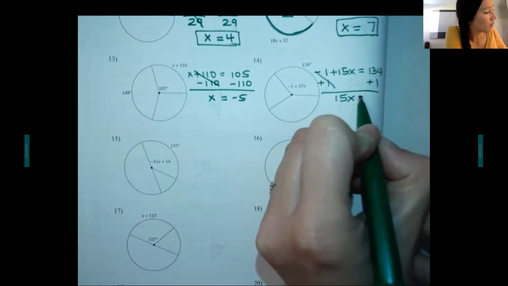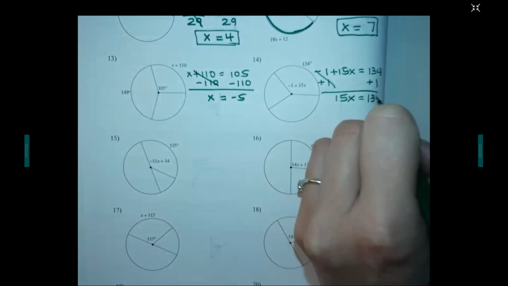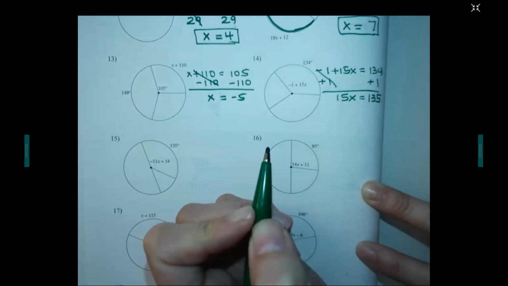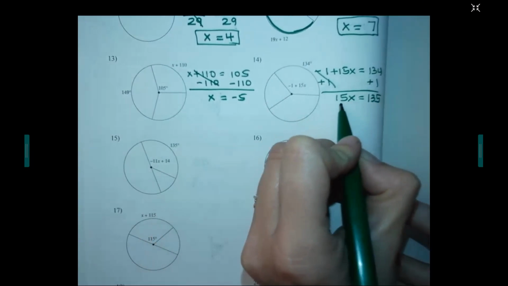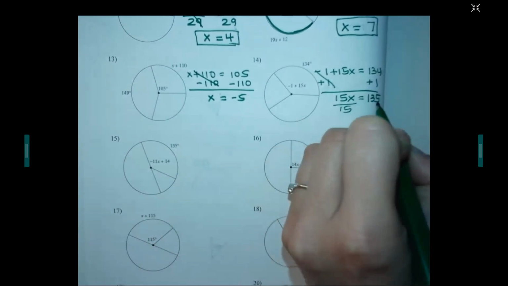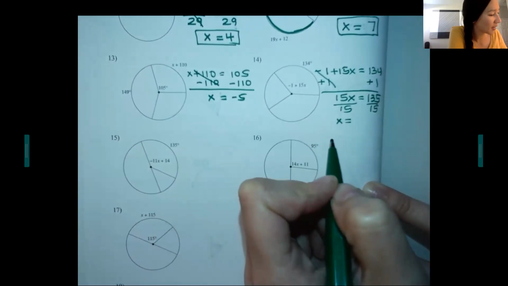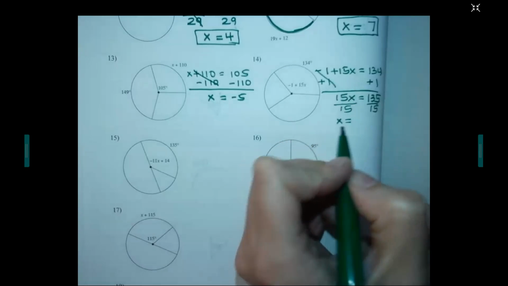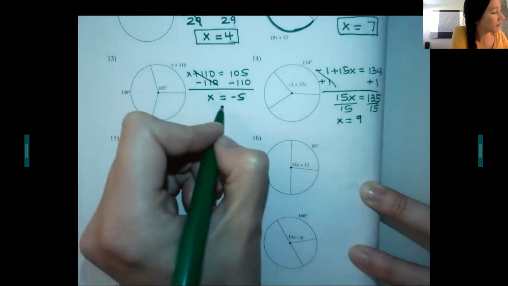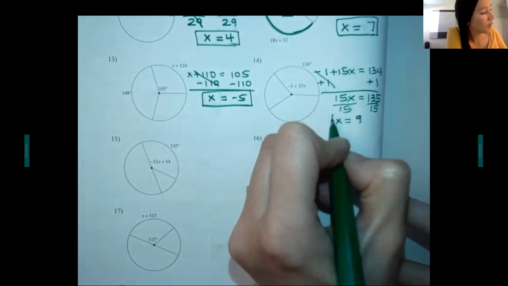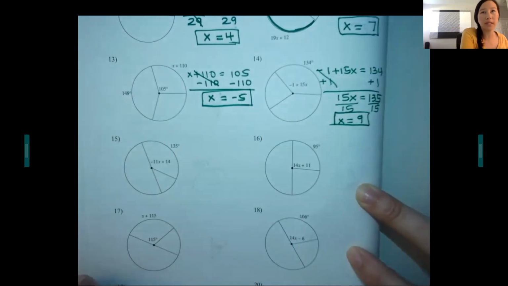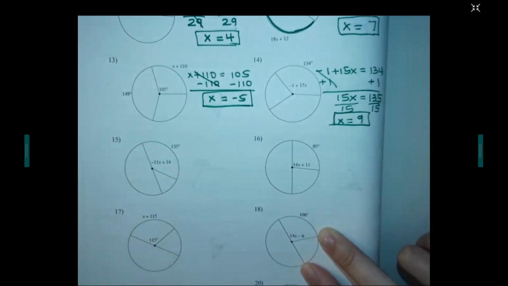So then we're left with 15x equals 135, and that was 135 divided by 15. Very good. And so what did you get for x? That one I got 9. Excellent. Thank you, Rick. Any questions on number 13 and 14? No, not really. Okay, perfect.